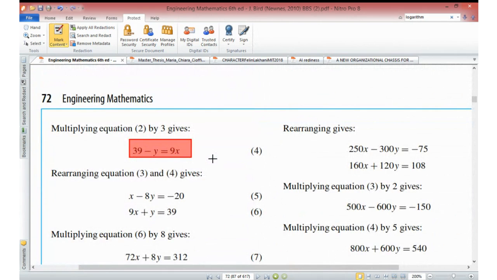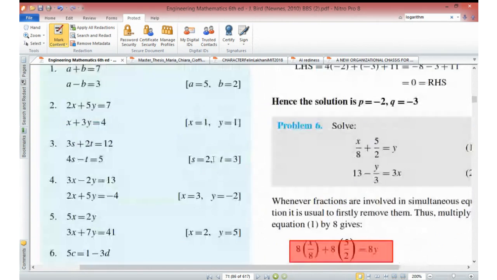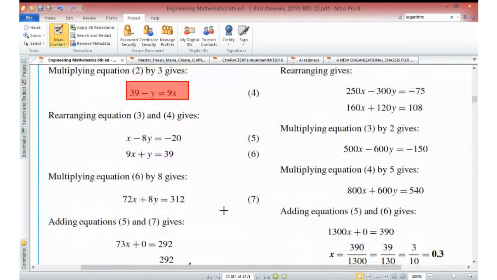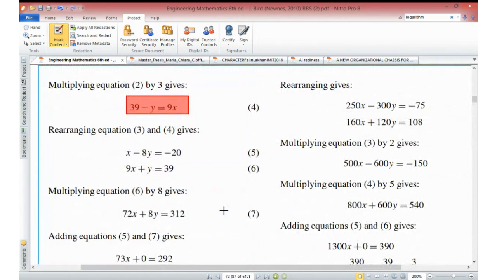So you're multiplying it by 3 as the highest common factor between 3 and 13. We can say it is 13 over 1. So between 3 and 1, 3 is the highest common factor. So you multiply by 3, then you arrive at what we are referring to as equation 4. The previous one, we refer to as equation 3 after you've balanced that equation.